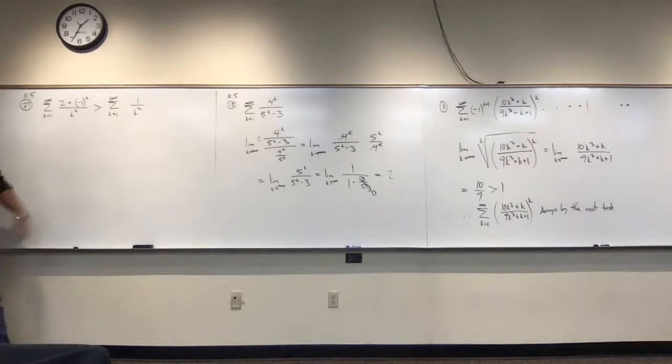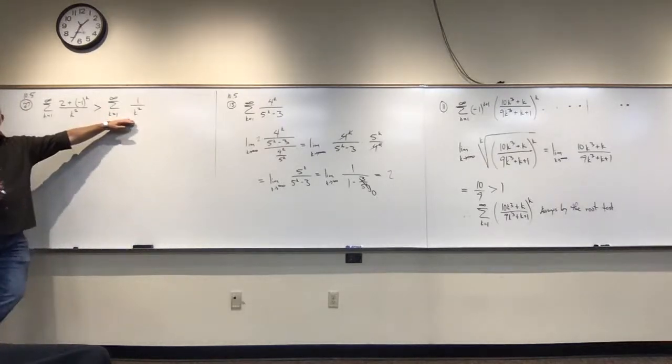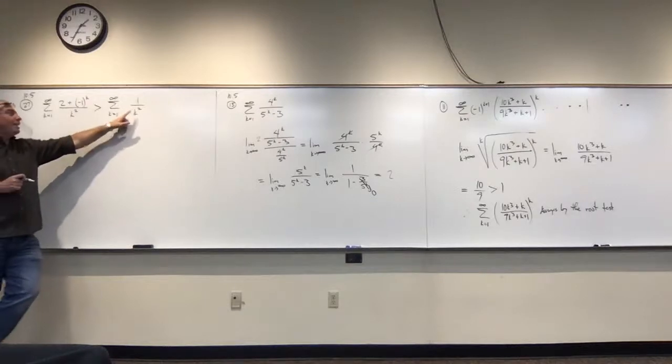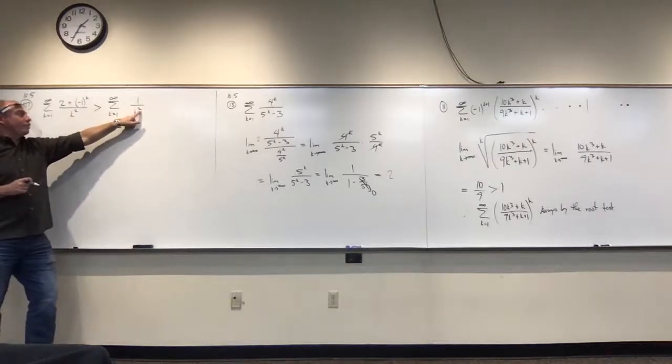All right, does this series converge or diverge? Why? Does anybody know the official reason why this thing converges? It's a p-series with p equal to 2, but technically what has to be true about that number in order to get convergence? Bigger than 1. That's exactly right.